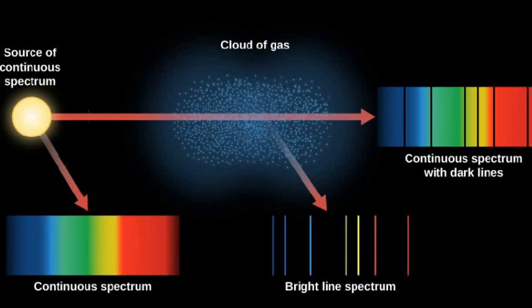Now again, when this continuous spectrum is seen through a thinner gas cloud. Why thinner? If it is thick, then it will absorb very much. So I am saying thinner gas cloud. We will talk about it in terms of opacity later on.